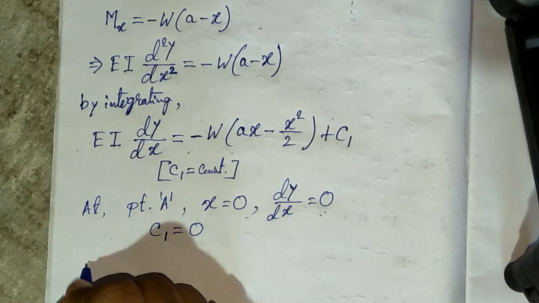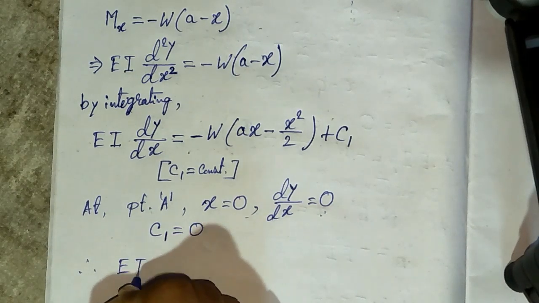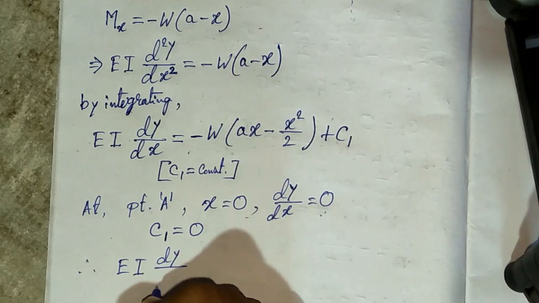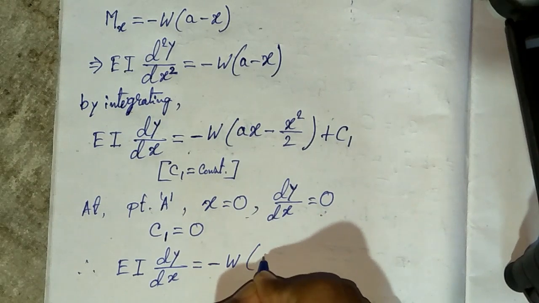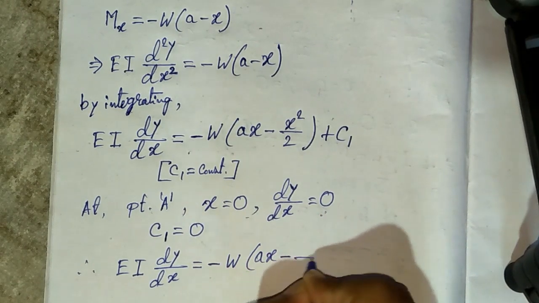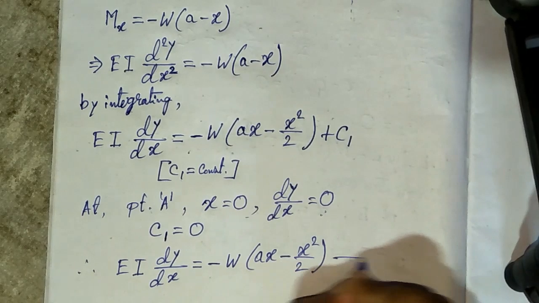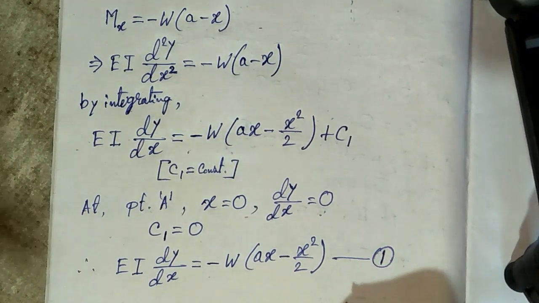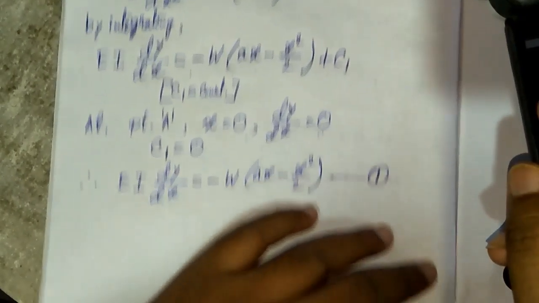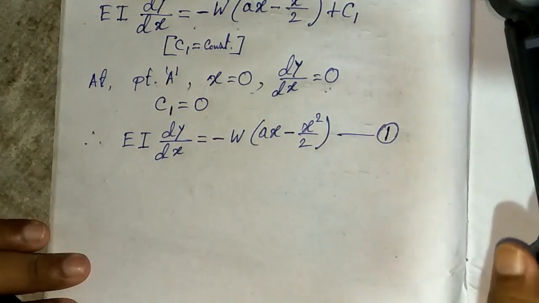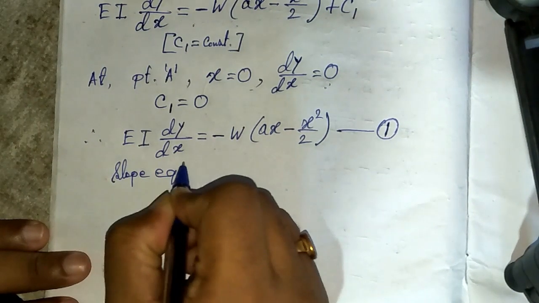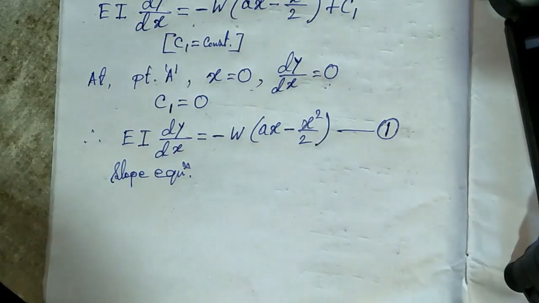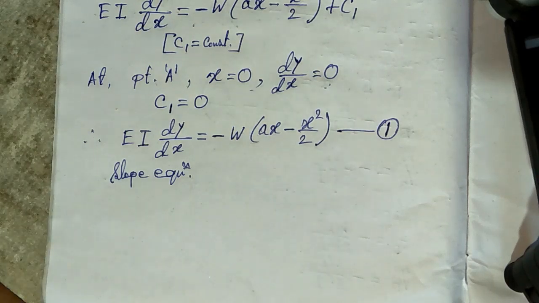Therefore we can write EI dy by dx is equal to minus W into ax minus x square by 2. Suppose this is equation 1. This is the slope equation.